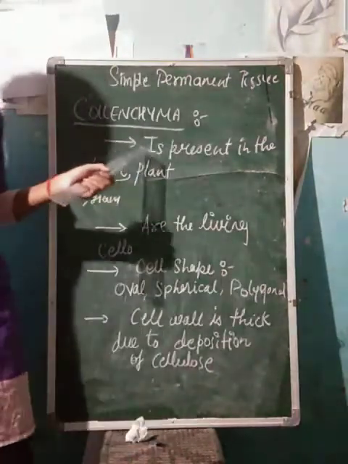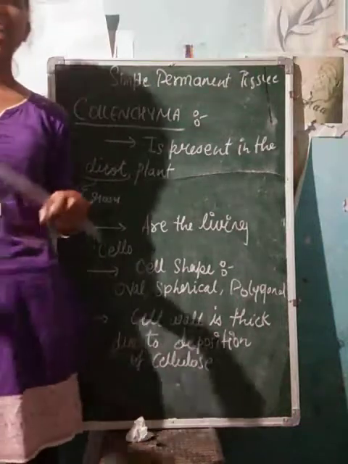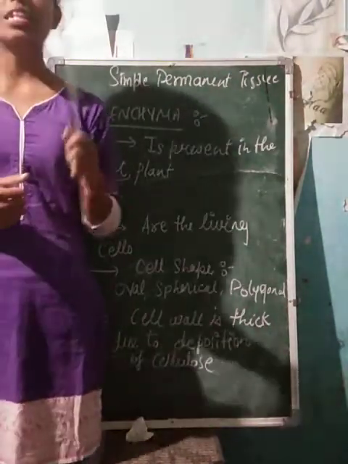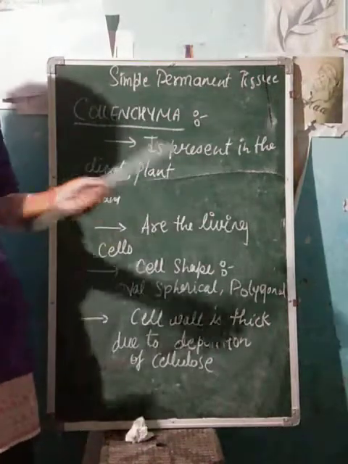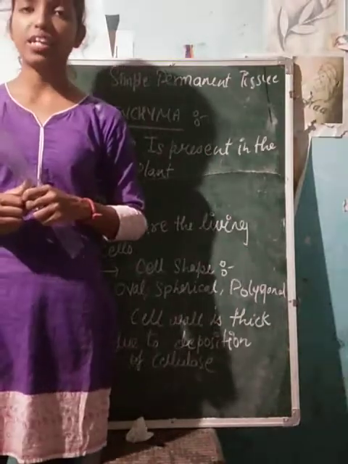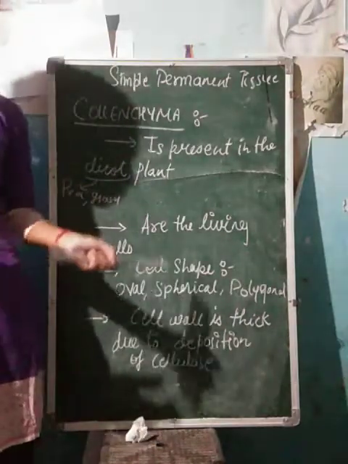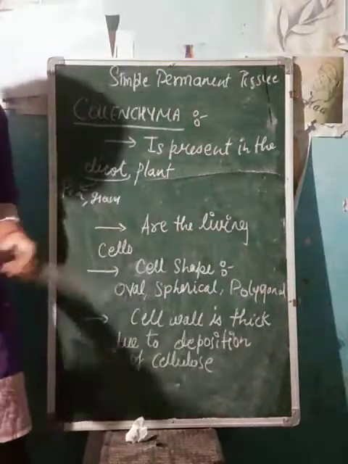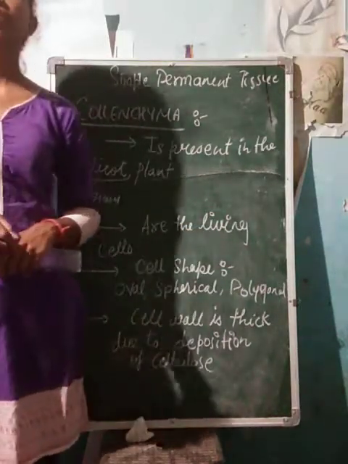Okay. So here collenchyma is basically present in the dicot plants. It is made of living cells. If we see the shape of the cell, it will be of oval shape, maybe spherical, maybe polygonal, either of them. Then the cell wall is thick at the corners.